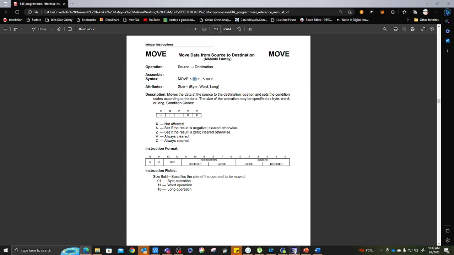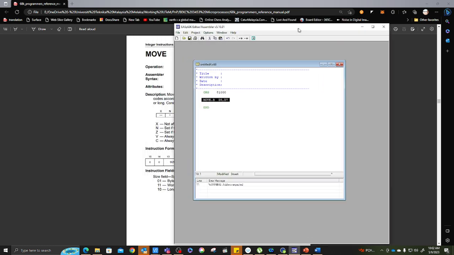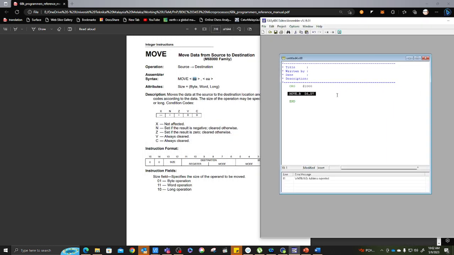For example, in your Easy68K, this is the move, this is the first effective address, and then you have the second effective address. The first one is D5, the second one is D7. The effective address is where the thing is.